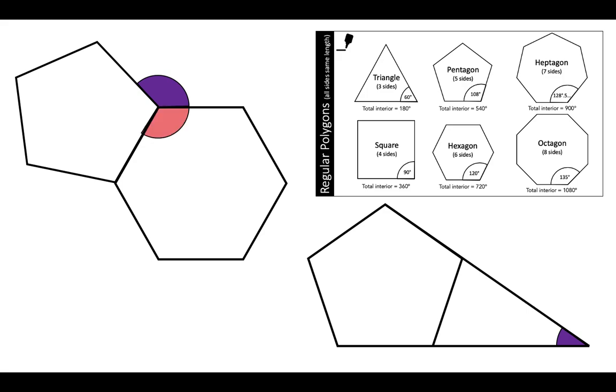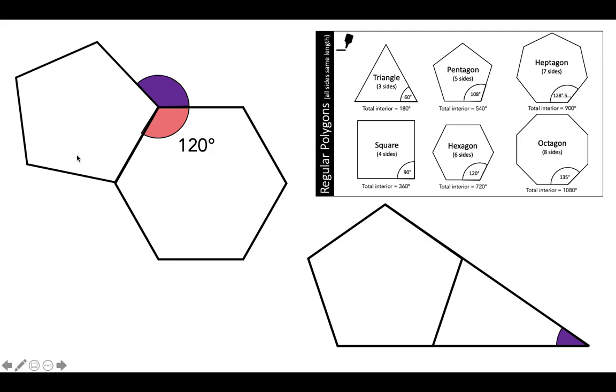Okay, so in that top left diagram here, I know that this angle here is 120 degrees. It's inside a hexagon, and I know that all the interior angles of a hexagon make 120 degrees. So that's illustrated in our wee diagram here.